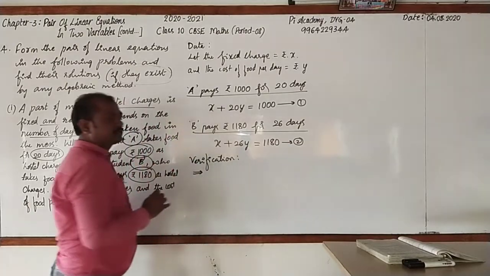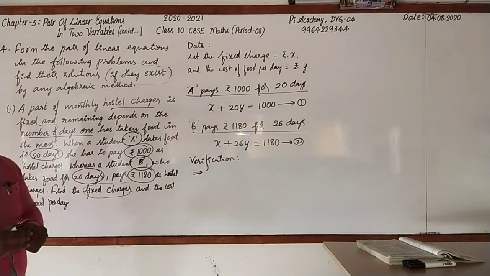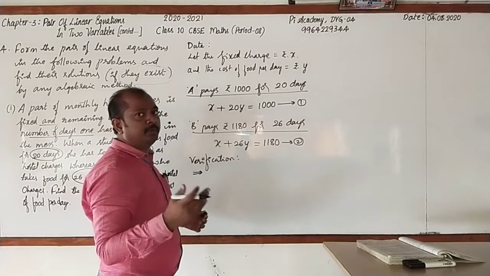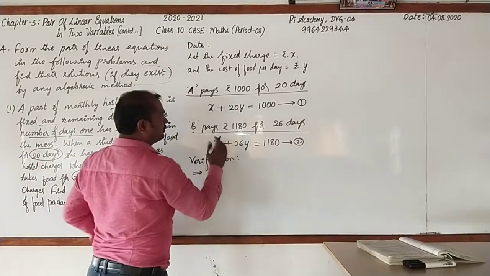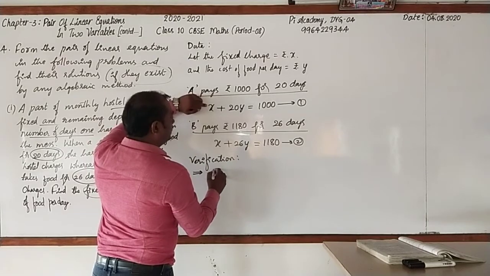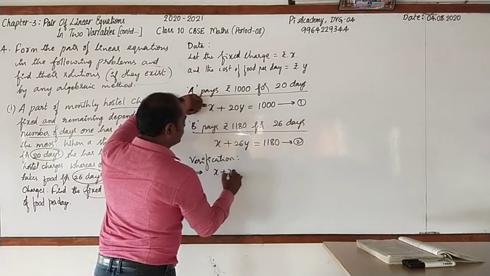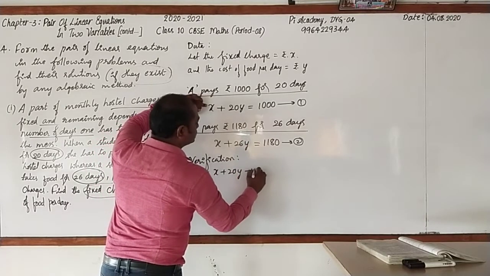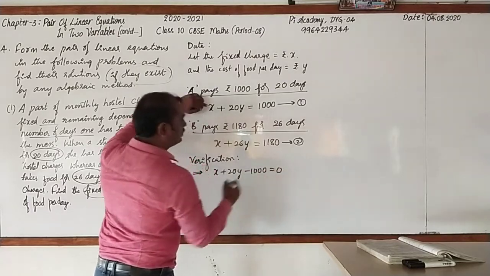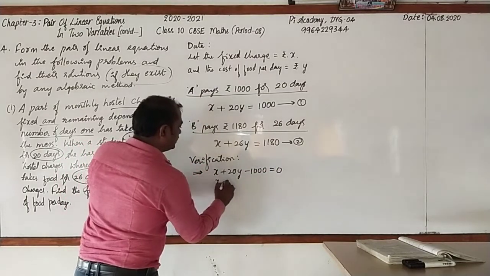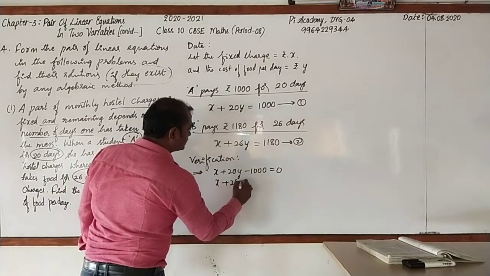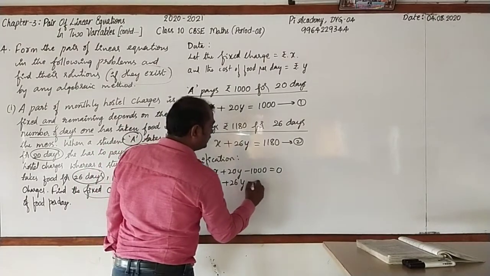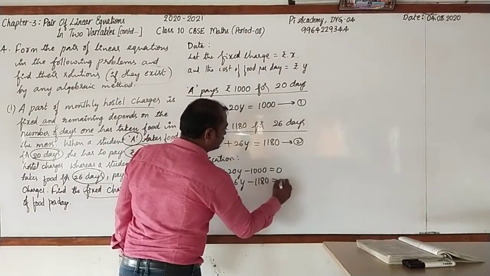For this purpose, we have to find the ratios A1 by A2, B1 by B2 and C1 by C2. So here I'll write the given equations. It is x plus 20y minus 1000 equal to 0. It is the standard form. Next, x plus 26y minus 1180 equal to 0.